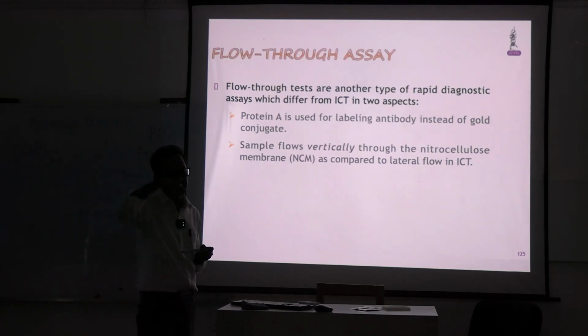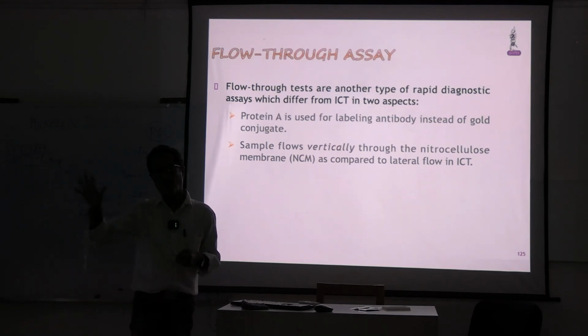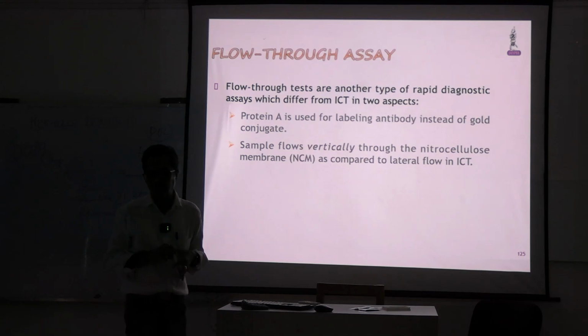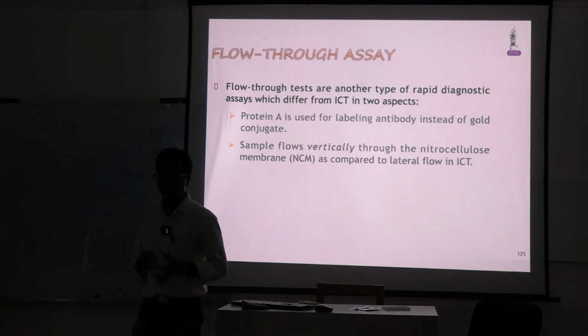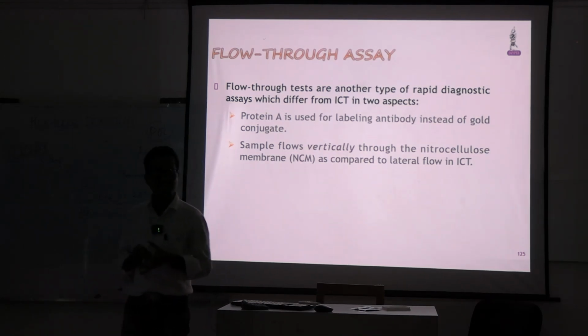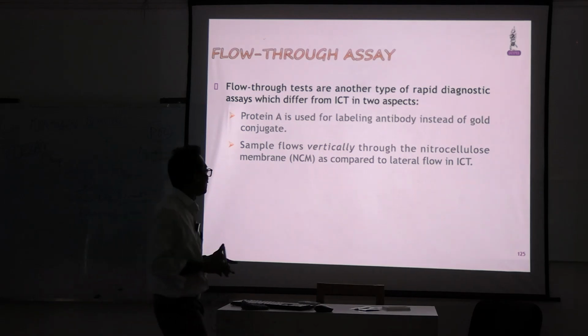In flow through, the sample flows vertically; in this, the sample flows laterally. Which is more specific, flow through or lateral flow? Flow through is more specific. It is more of an ELISA type.